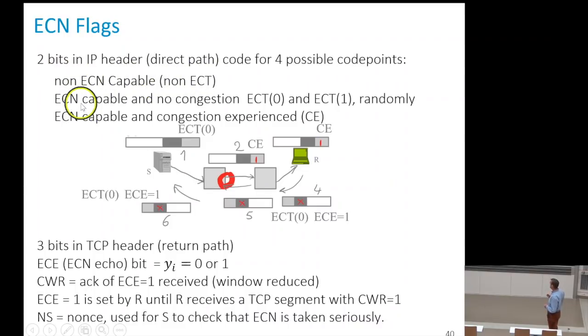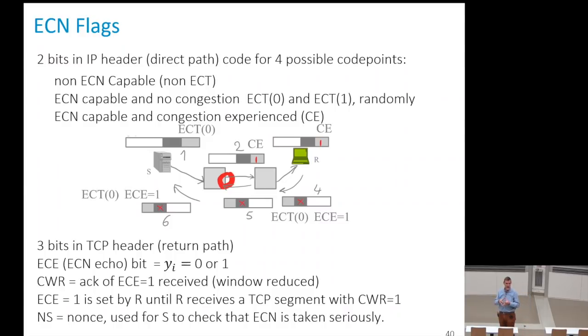If it is ECN capable, in fact, there are only 3 possible cases that occur. If this system is not supporting ECN, there's no point marking congestion. So in principle, we have only 3 possible cases: this flow is ECN capable and congested, or ECN capable and not congested, or it is non-ECN capable, and then there's no point marking anything else.